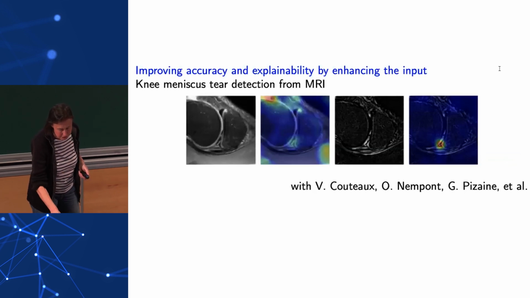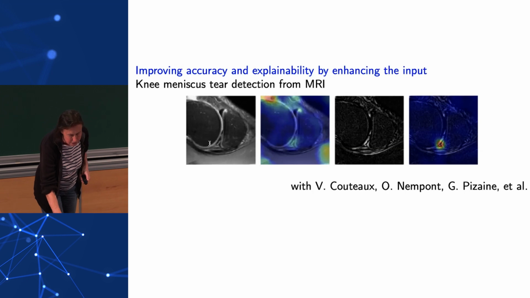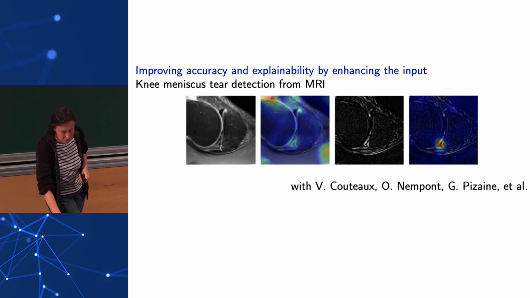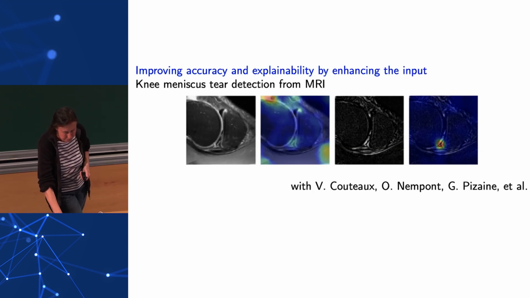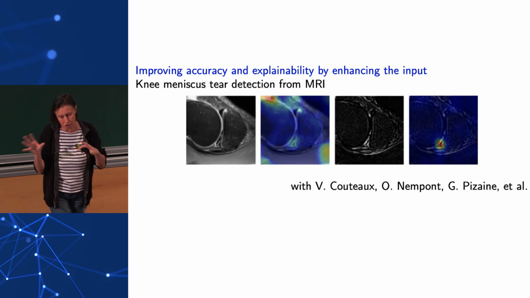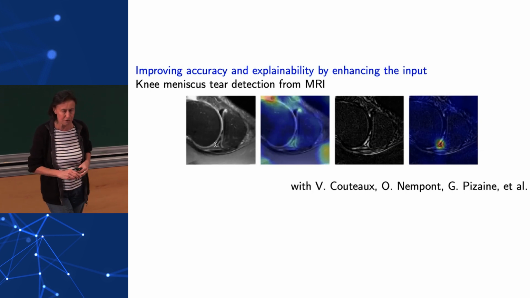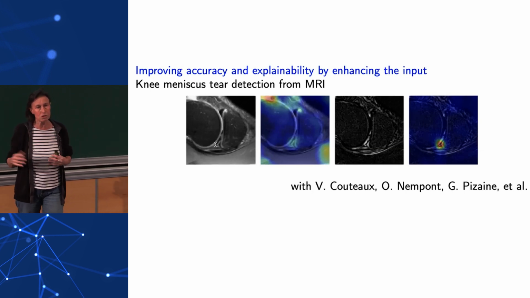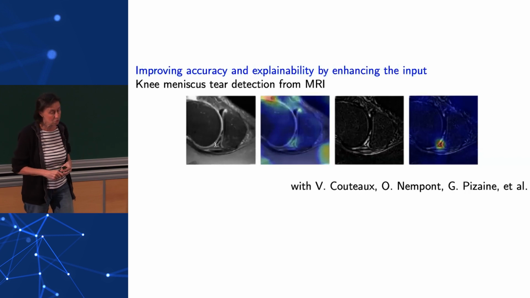And here is an example where the objective was to detect the tears in the meniscus, in this region. And using a deep learning method, so it used an ensemble method, but that's not very important, the detection was pretty good, so the results were good.